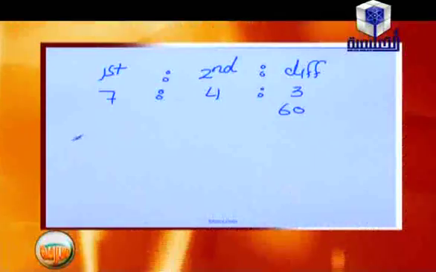Good. And we want to find here the share of each one, first and second person, and finally the total area of the piece of land. To find the share of the first person, we use cross multiplication.